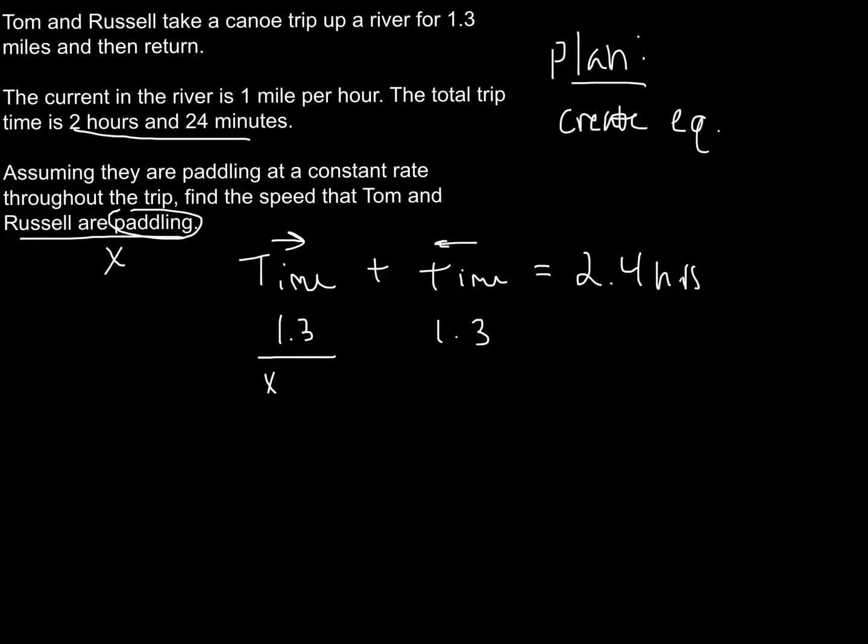Either the current is helping them, increasing their speed by 1 mile per hour, or decreasing it. It doesn't matter which way we choose, because they are paddling at the same constant rate the entire time. So let's just assume that the current helped them on the way there and hurt them on the way back.